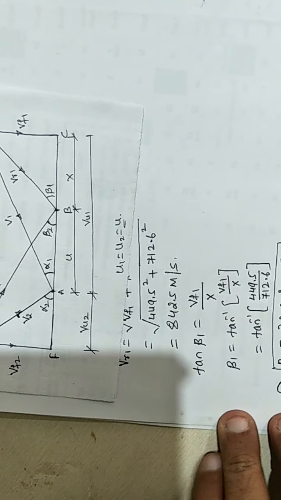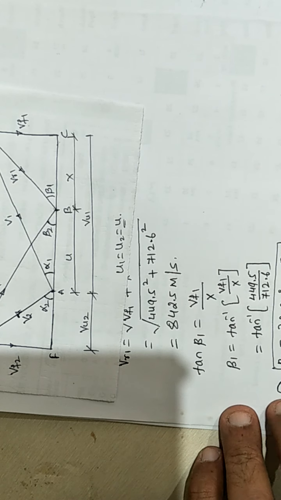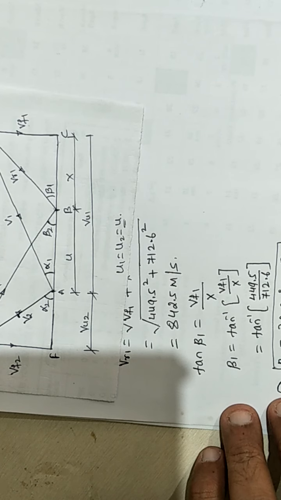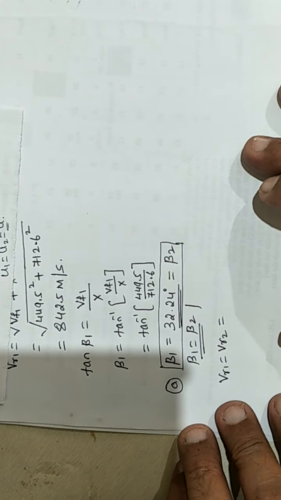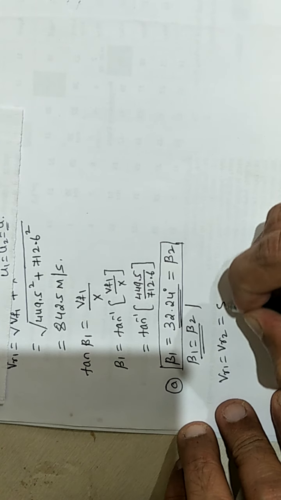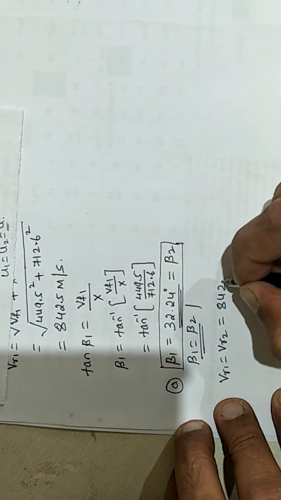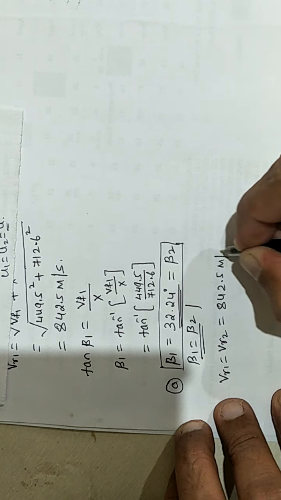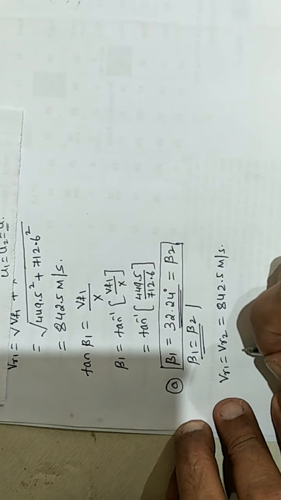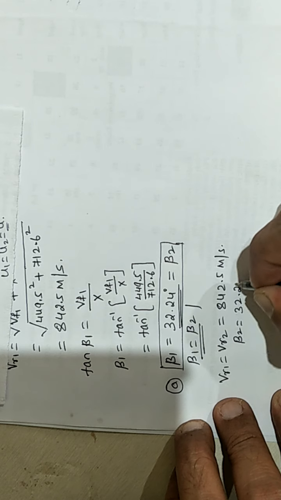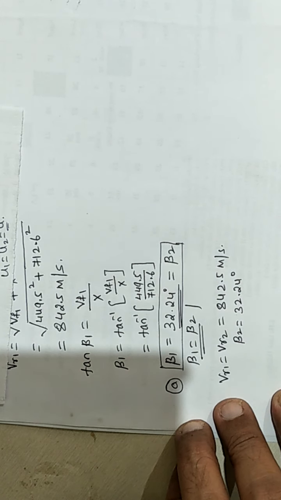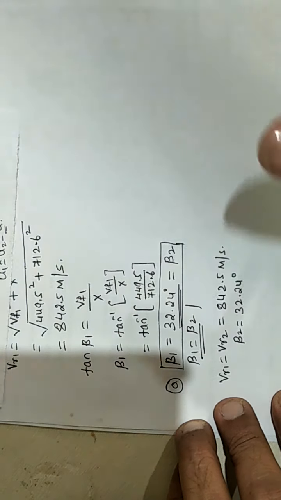As we know, VR1 is equal to VR2. We have calculated that value, it is 842.5 meters per second, and we also know beta 2 is equal to 32.24 degrees, right?